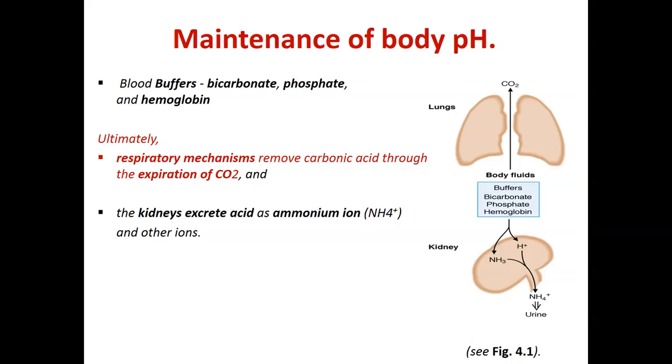Good. All right, so your body has a buffering system. Bicarbonate plays a big role in maintaining your blood pH, hemoglobin, and so forth. But respiration plays a good role in it. So when the pH starts changing, your respiration can adjust to it. But your kidney can also play a big role in the pH change.